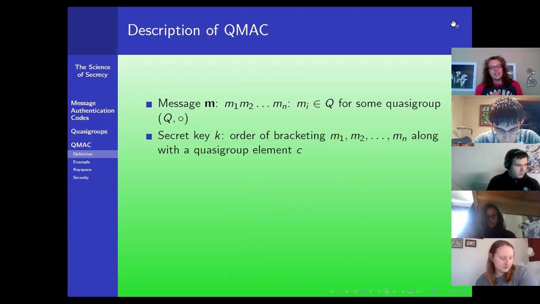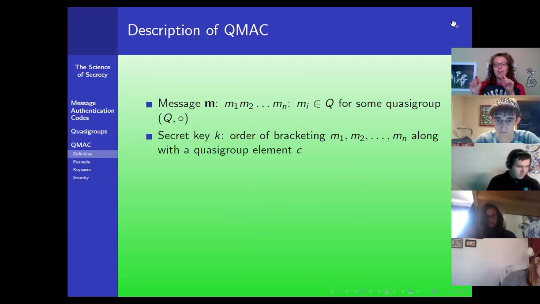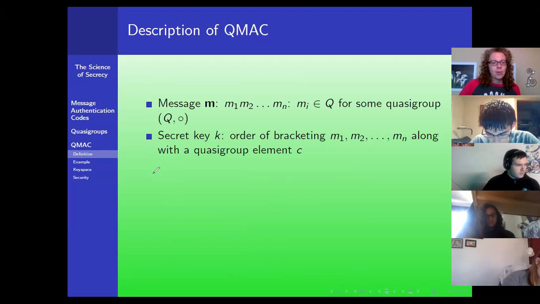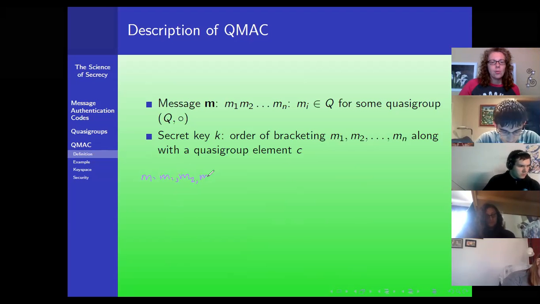The secret key for my message authentication code is a way of inserting parentheses, okay? So if your message, for example, looks like M1, M2, M3, M4. So let's say that my message is M1, M2, M3, M4.